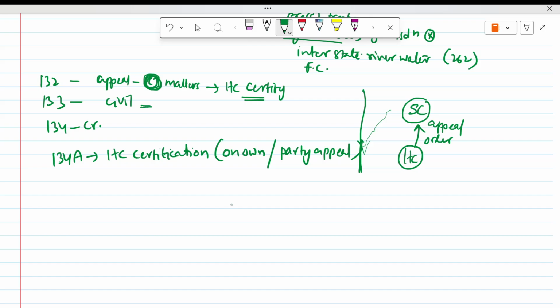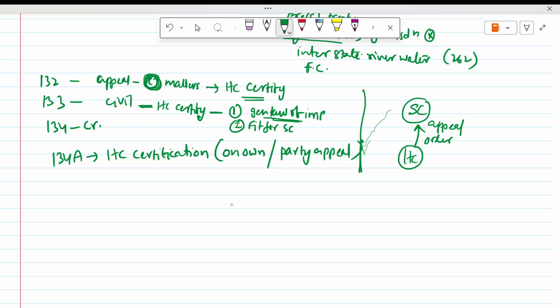If any civil case is there, then the High Court has to certify that this case involves interpretation of general law of importance, not constitutional importance, law of general importance. And another one, fit for the Supreme Court to decide. This case is fit for the Supreme Court.